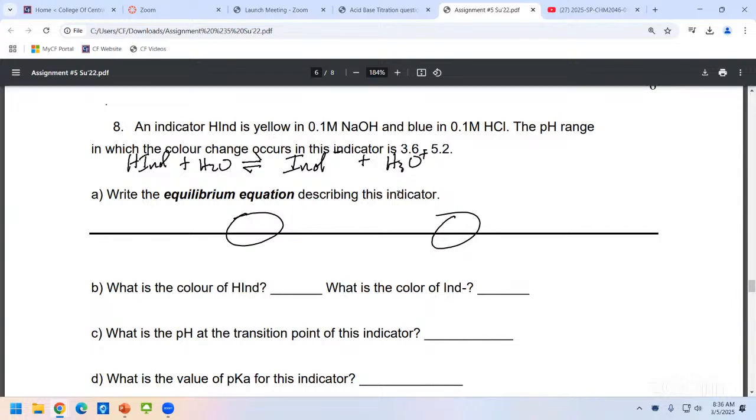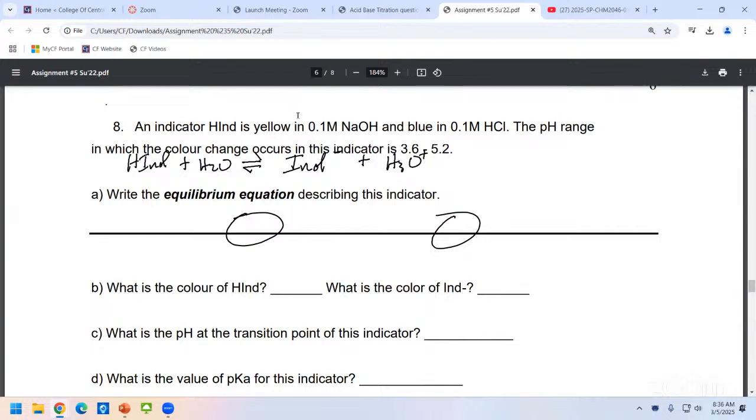You sure about that? It will be to the right, because if you decrease the concentration of hydronium, the system will shift to the right in order to increase the concentration of hydronium. According to the question, in an acid solution the color is blue.